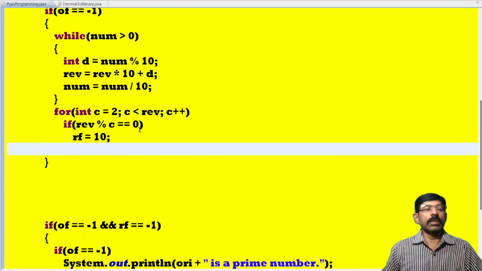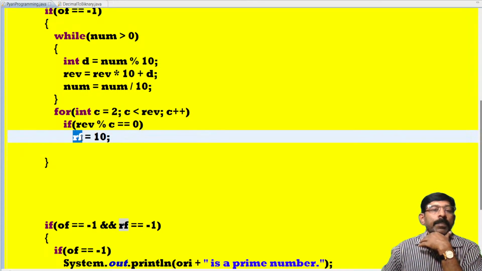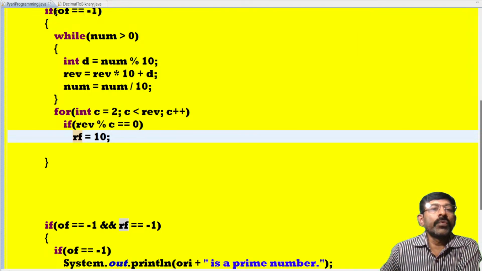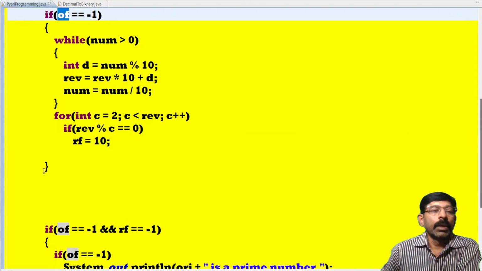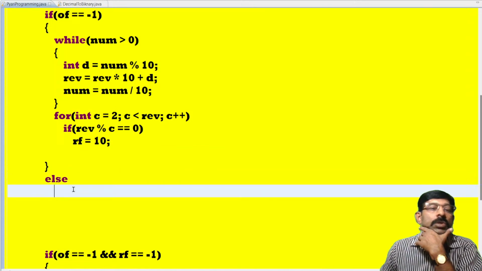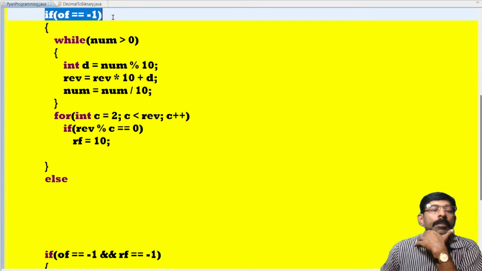Then after this, I will say if RF is prime, then it is a twisted prime, because OF is already checked as prime. Its else part will display that it is not a prime number because the original number is not a prime number.